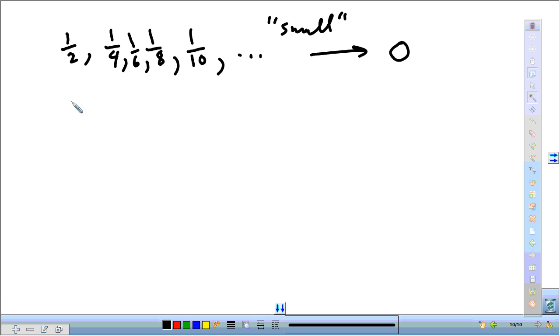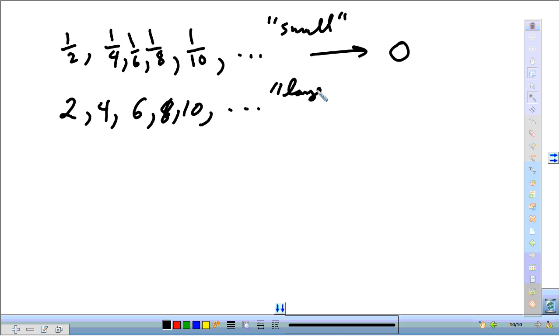Now if we look at these reciprocals, 2, 4, 6, 8, 10, well, they're very large, eventually larger and larger, and conceptually in the process of becoming infinite. So in this case, if I took the reciprocal of small, I get large.